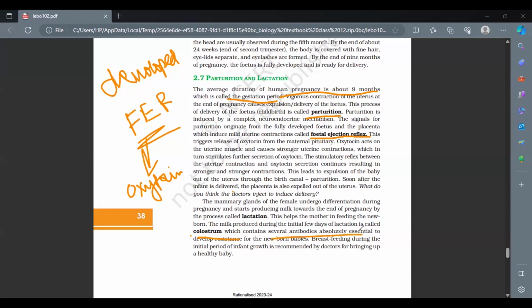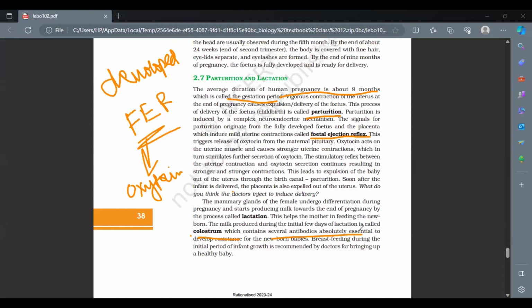In the initial two to three months, when the child's body is still developing antibodies against environmental microbes, these antibodies are taken directly in the form of colostrum. It prevents the child from getting any kind of harm from the outside world.